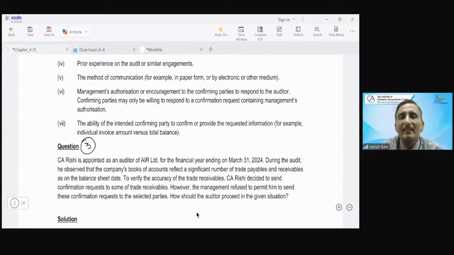So the question is basically this. Yes. So what should be done by the auditor in this situation? It is there in SA 505.